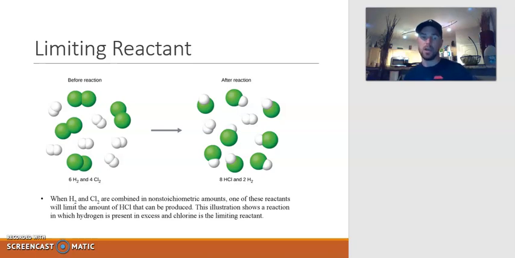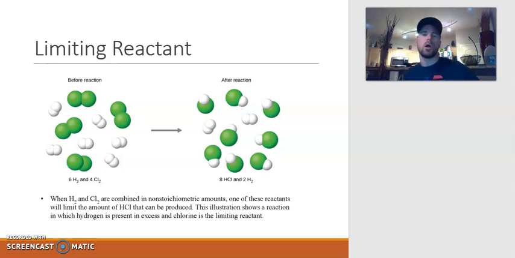What that means is we haven't necessarily given the quantity here that is exact. We've just kind of given a random quantity, 6 and 4. So keep that in mind. One of these reactants will limit the amount of HCl that can be produced. This illustration shows a reaction in which hydrogen is present in excess and chlorine is the limiting reactant.